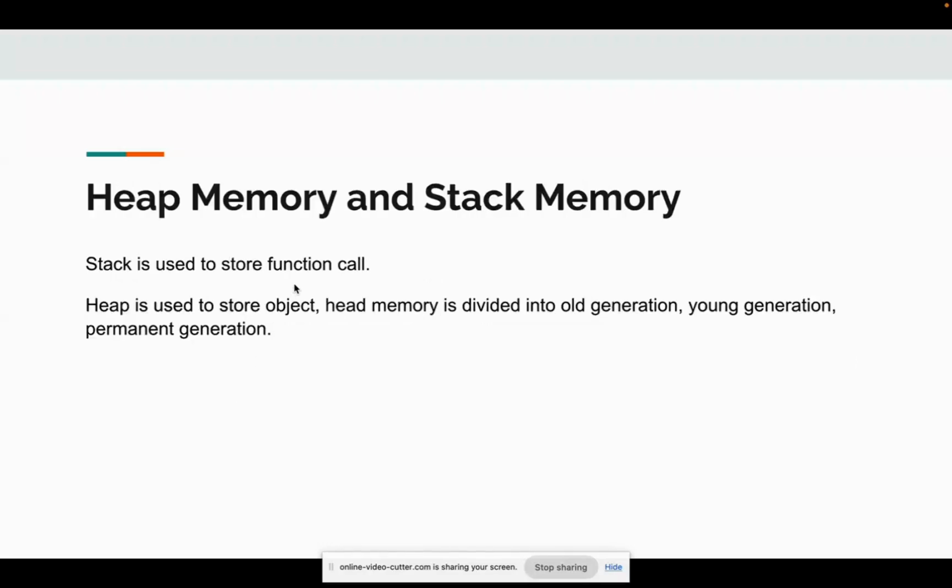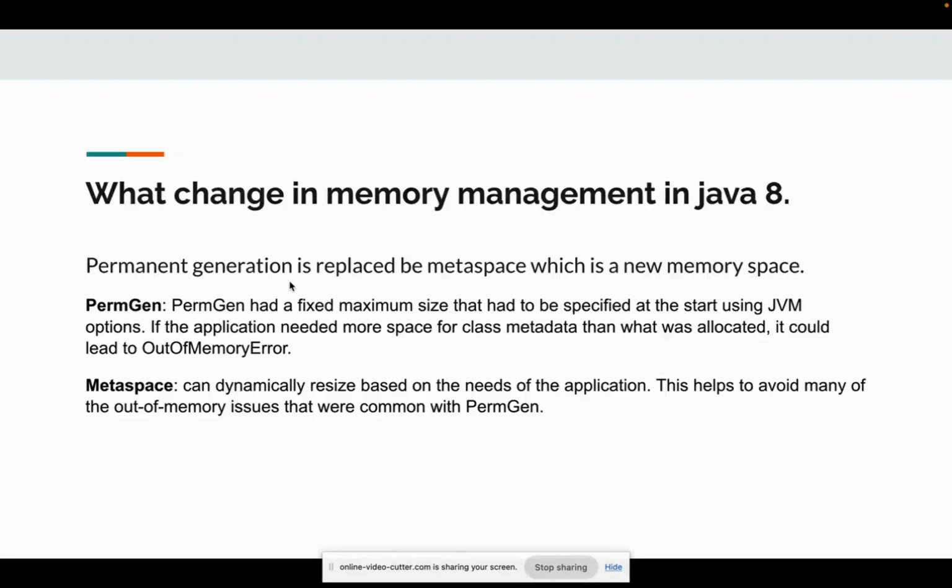Okay, sorry. Now here, maybe some interviewers will ask you what changed in memory management in Java 8. Here you can mention permanent generation is replaced by Metaspace, which is a new memory space.